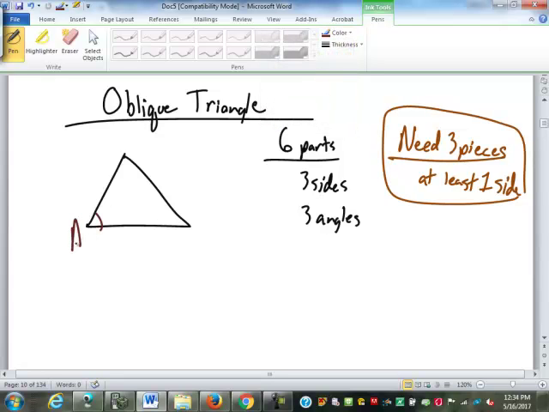If I label my triangle, angles A, B, and C, the sides get labeled by the angle they're across from. So this is side a, side b, and side c. Notice the sides are little small letters, the angles are capital letters.